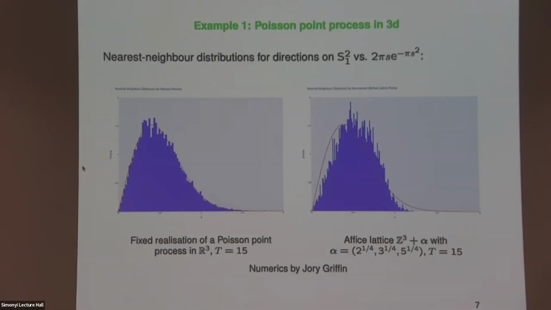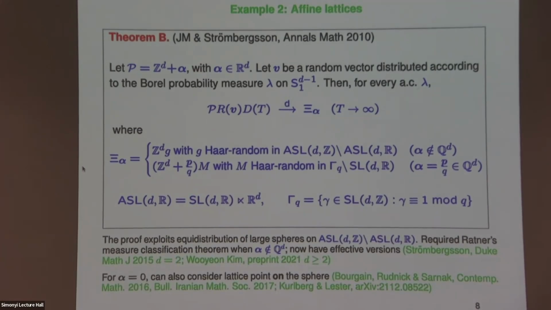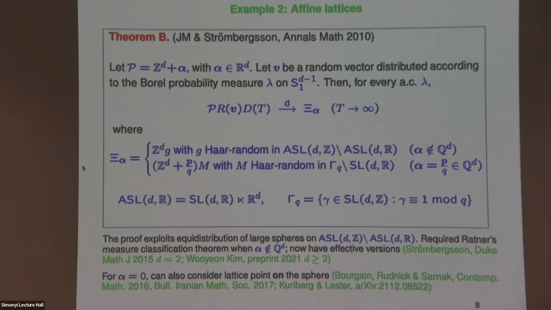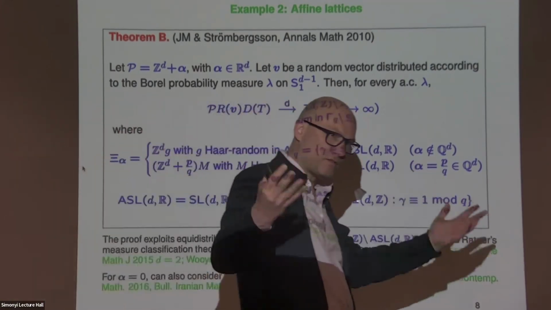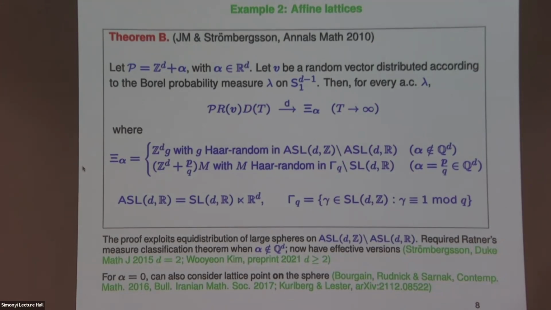Now I'm going to tell you what this curve, this histogram on the right here is. We now come to the other example, which is the situation when instead of a Poisson point process, you now take a lattice in 3 dimensions, for example. So take a 3-dimensional lattice and do exactly what we've just described.